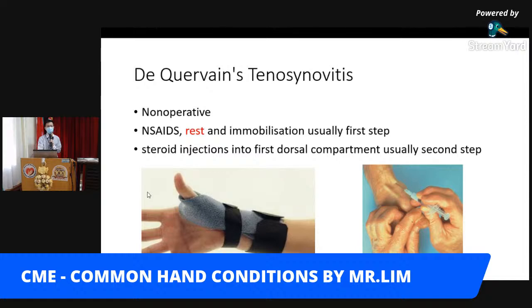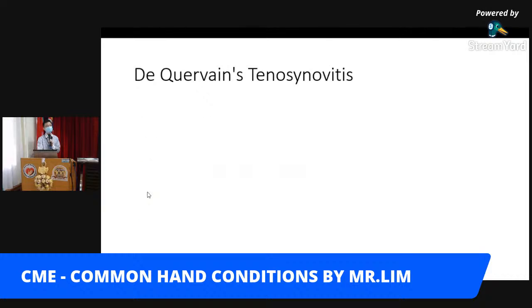And if everything is not helping, steroid injections. Usually we give steroid and LA together into the first dorsal compartment, done in the clinic. However, the recurrence rate is very high, as we will tell later.